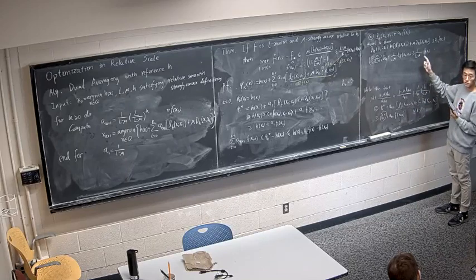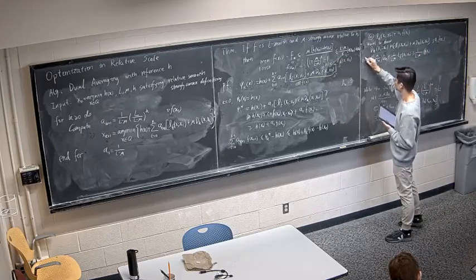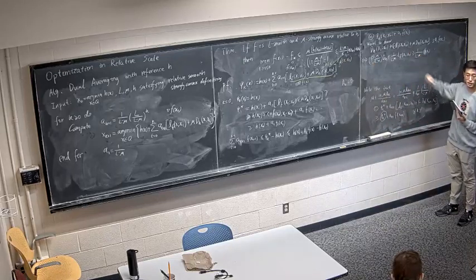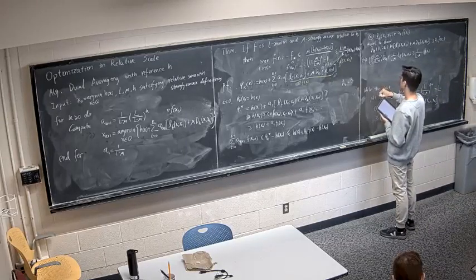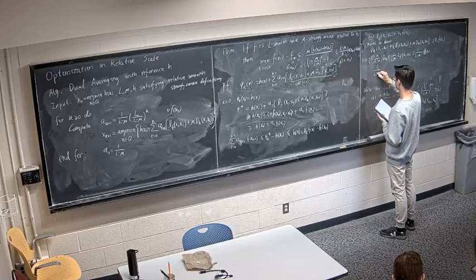Rearranging the terms, this is equivalent to this one. So if you can show this one, you can also show this line. Let's simplify here. This is just L over L minus mu dh.